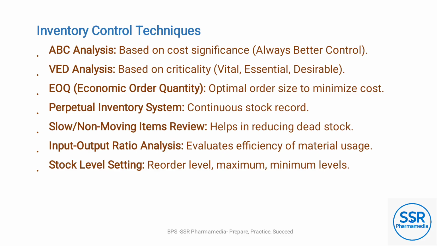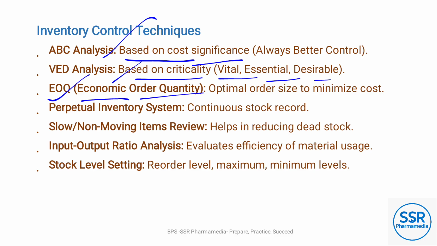So inventory control techniques. Already I discussed ABC analysis based on cost significance and VED analysis based on criticality: vital, essential, desirable. EOQ, economic order quantity, optimal order size to minimize cost. Perpetual inventory system, continuous stock recording.